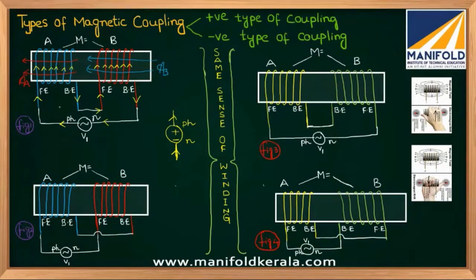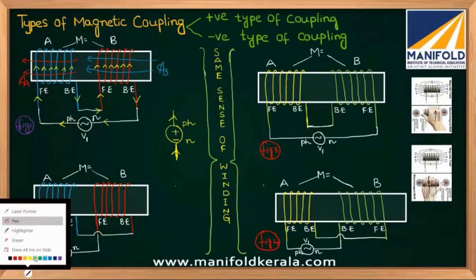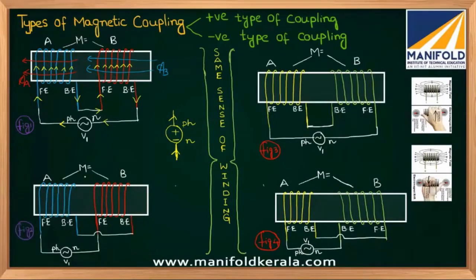Now tell me, in this figure number 1, what about phi B and phi A? Is phi B aiding or opposing phi A? Aiding, very good.